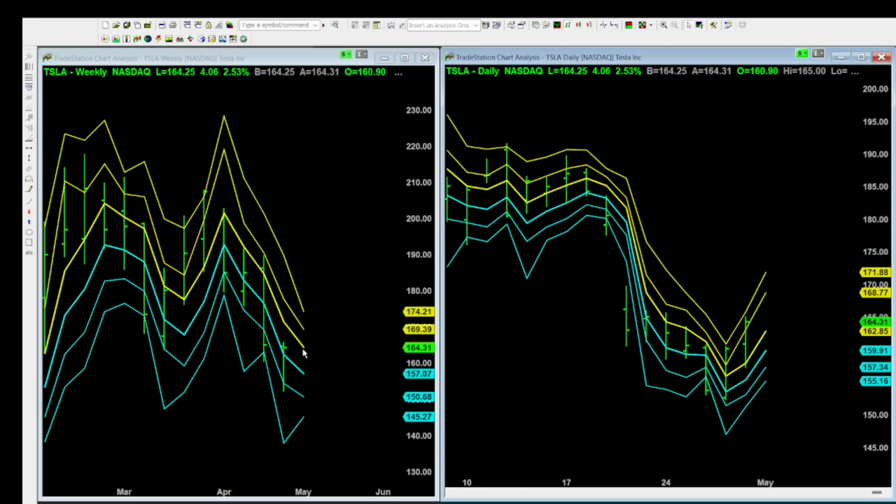But there is still a high probability it will drop down to this $157 around the middle of the week, and it may have a very high potential to drop even down to this $150 range.